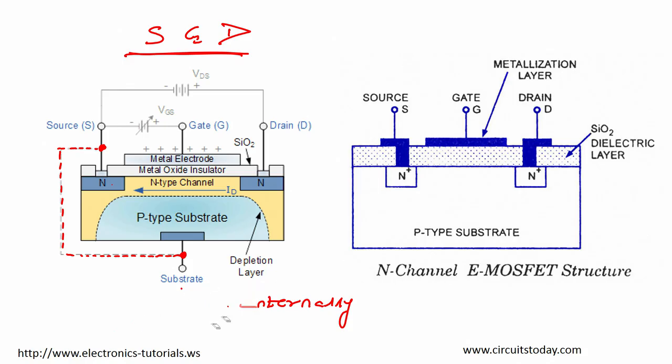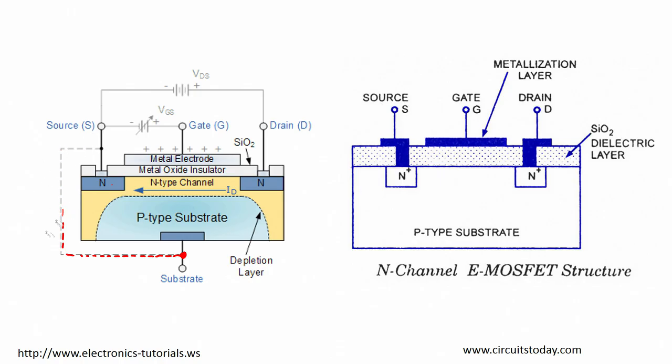Let us go to the next figure which we have on the screen, and that is our n channel enhancement type MOSFET structure. This I have taken from circuitstoday.com. Here we again see that there is a p type substrate.